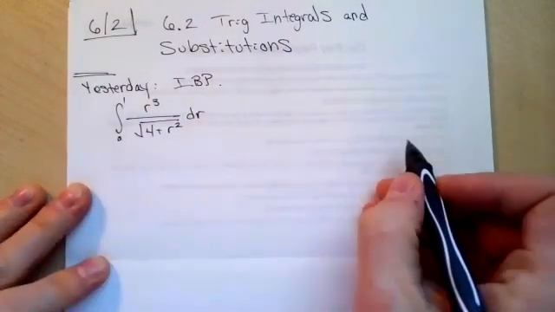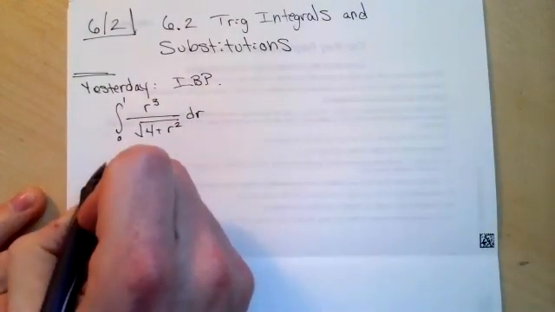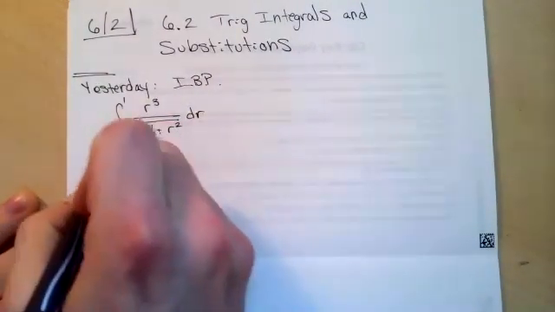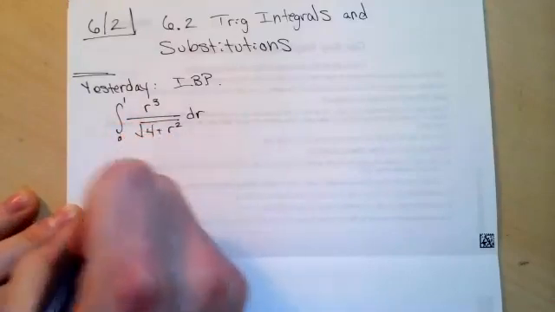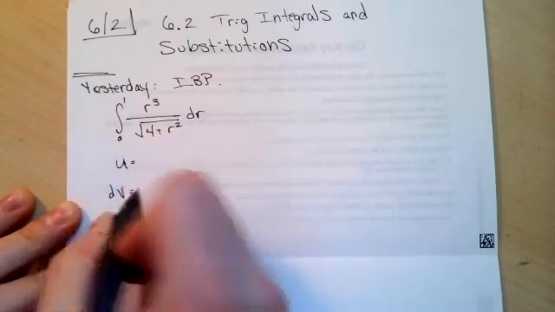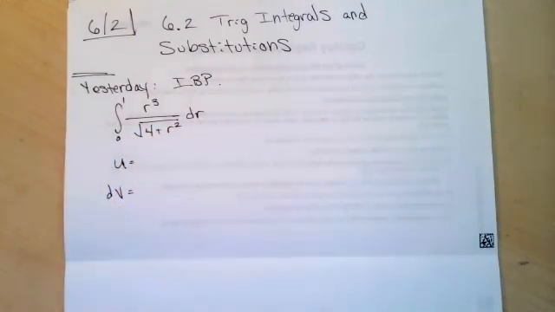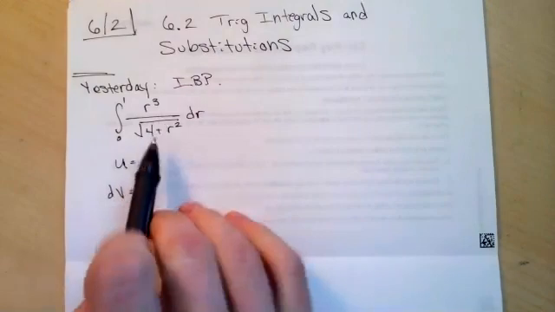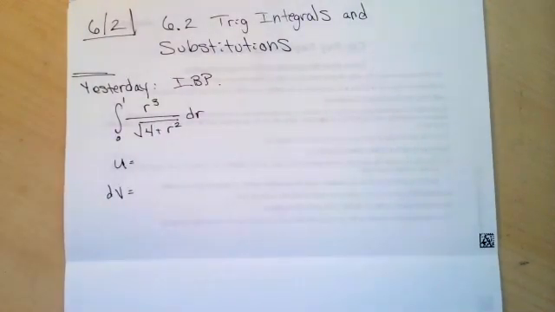So what we might want to do, if we are going to do integration by parts, is we've got our u and our dv. And well, we want to look, which term do we want to integrate? Which term do we want to differentiate? What's the problem of differentiating square roots?